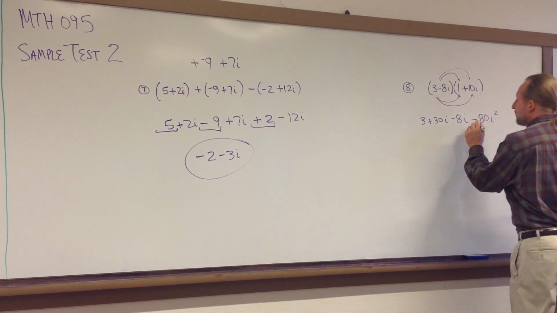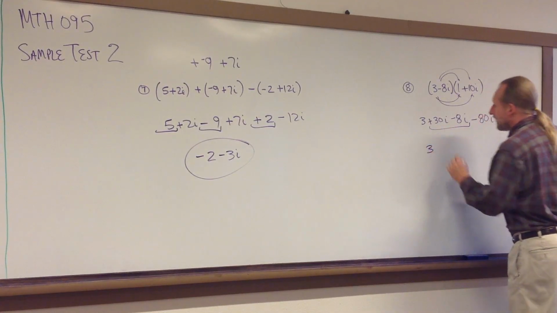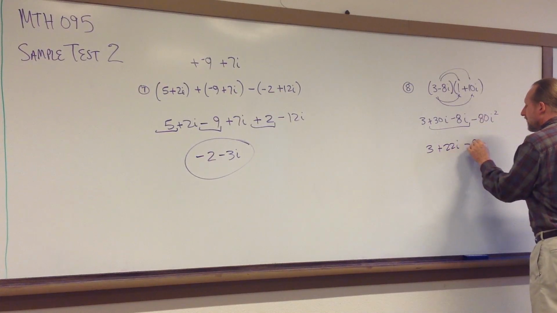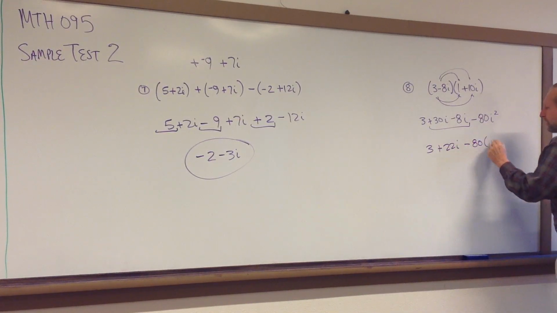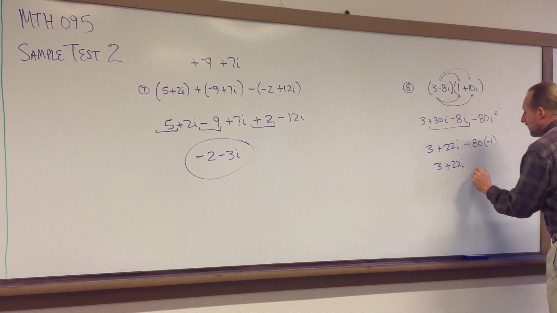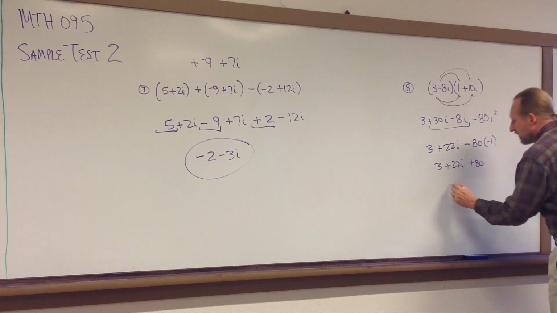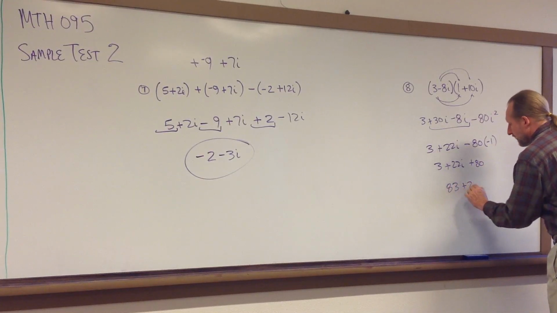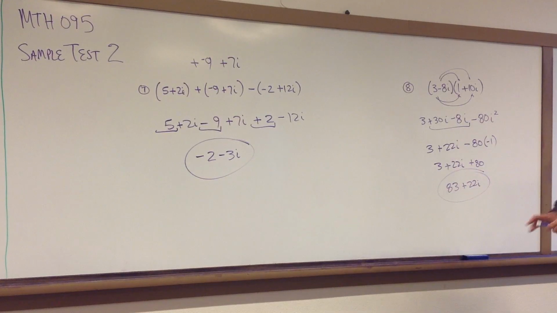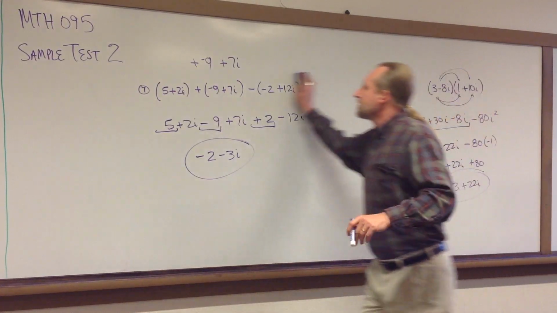Okay, so these two pieces in the middle are like terms, and they are going to make positive 22i. And then this i squared is negative 1. So 3 plus 22i plus 80. So our answer is 83 plus 22i. All right.